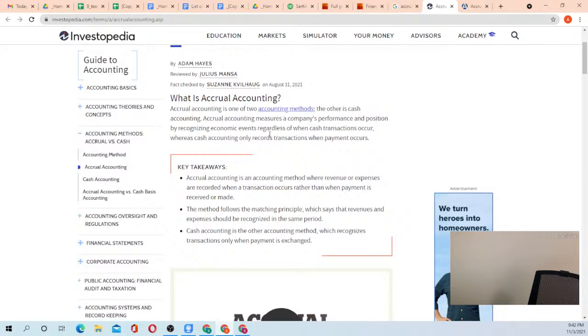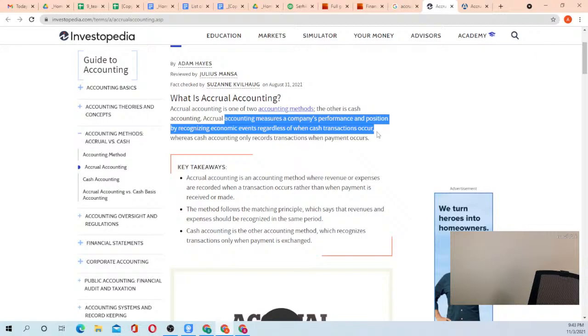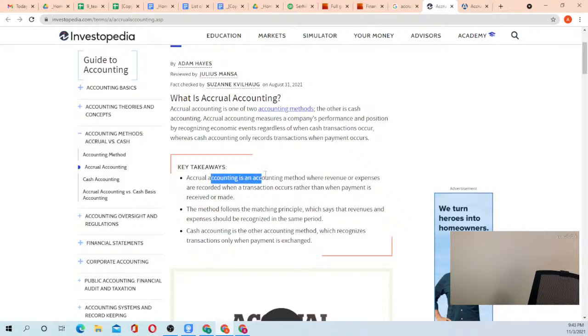What is accrual accounting? Accrual accounting measures companies' performance and position by recognizing economic events regardless of when cash transactions occur. The accrual method records revenues and expenses when the transaction itself occurs.